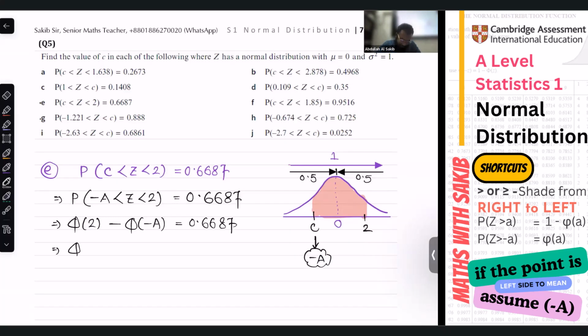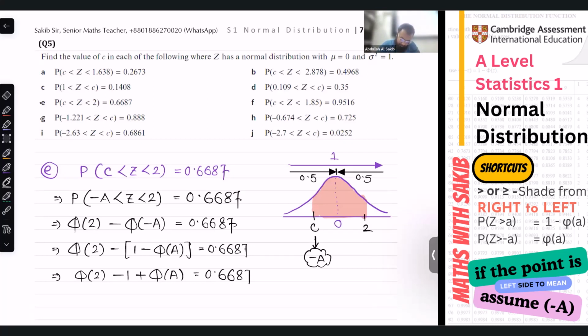If there is a negative sign inside our phi, I can write what? 1 minus phi of A. Phi 2 minus 1 plus phi of A, and that's equal to 0.6687. So now we need to know the value of phi 2.